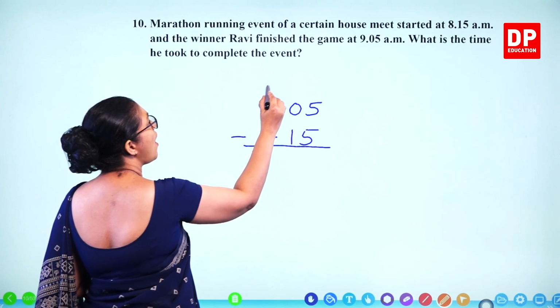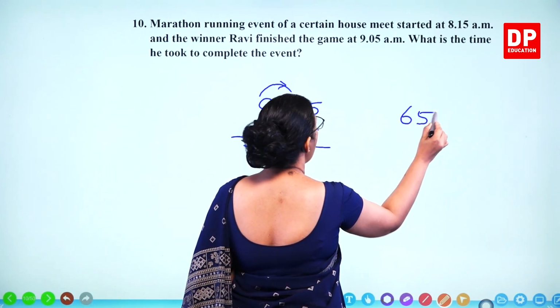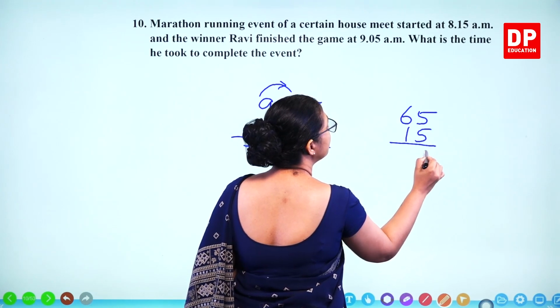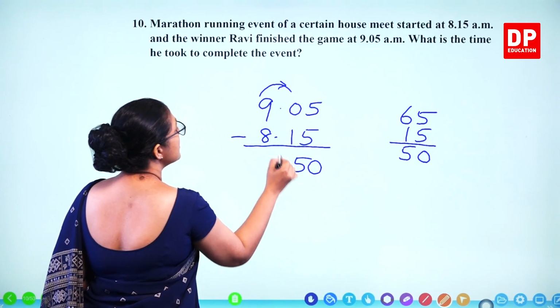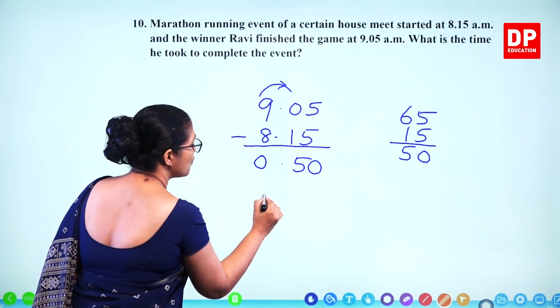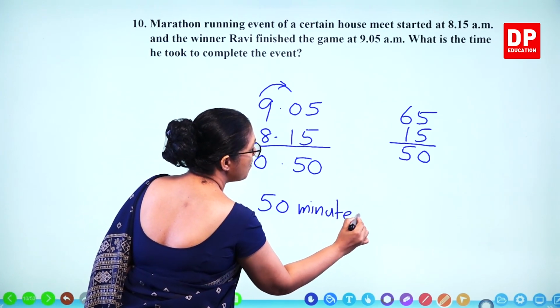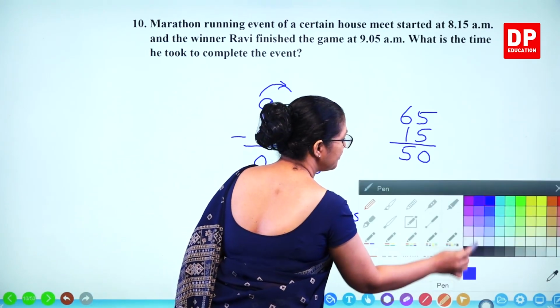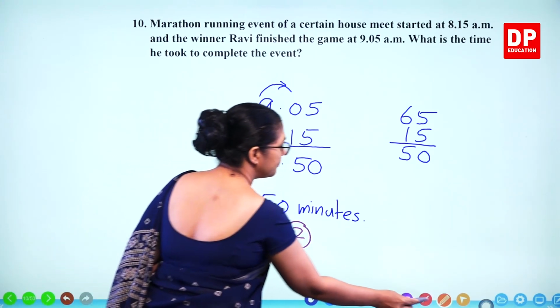So you have to take 1 hour. 1 hour means 60. 65 minus 15. You get 50 minutes. And here this is 8 minus 8, 0. So he took 50 minutes to complete the marathon. You get 2 marks for that.